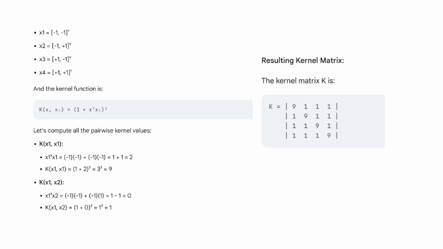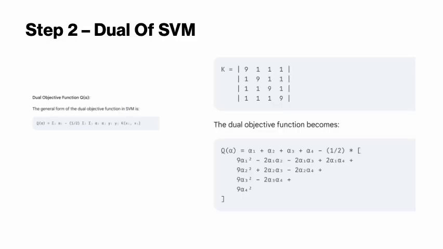You compute that with the formula that was given in the previous slide. Then you find the resulting kernel matrix, which is listed here, and step 1 is done with this. Then you do step 2, which is the dual of SVM. We know the formula of the dual objective of SVM. This is the general formula. You substitute these values that you have in the matrix, and you will find this.